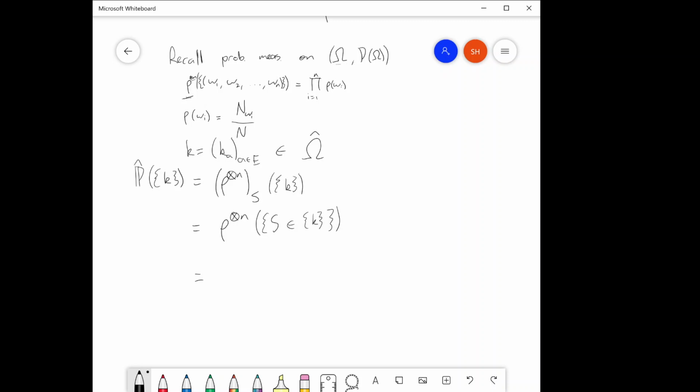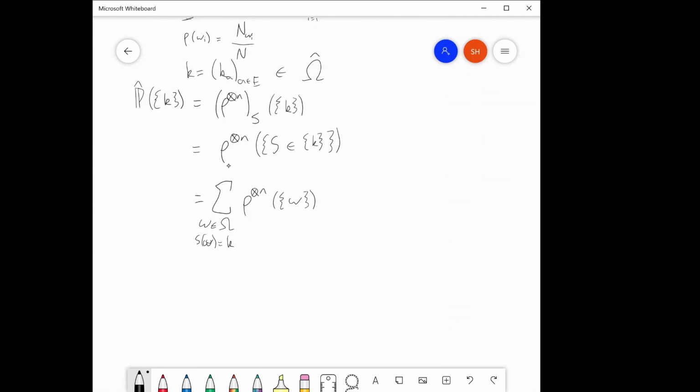Well, what does it mean for S to be in k? We can just expand this out based on what rho is here. So this is the sum over omega in Omega such that S of omega equals k of rho tensor product n of omega.